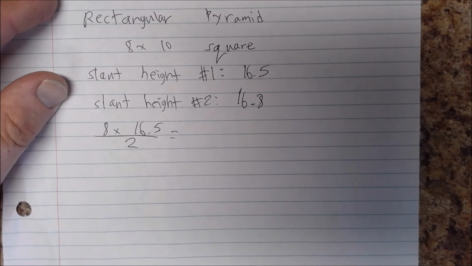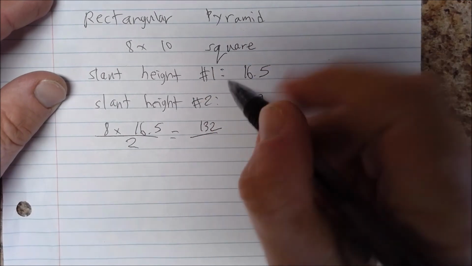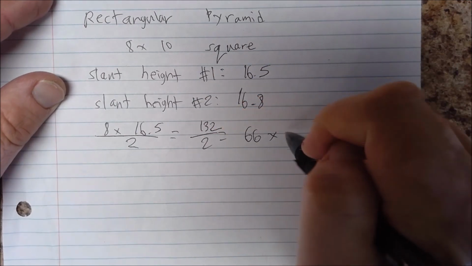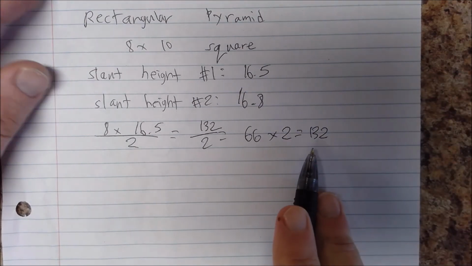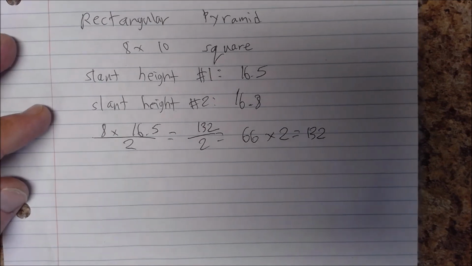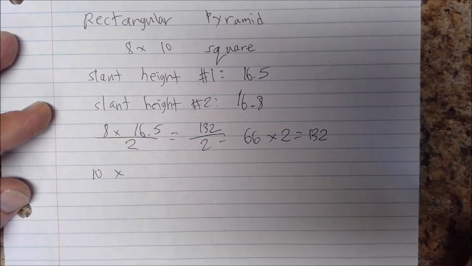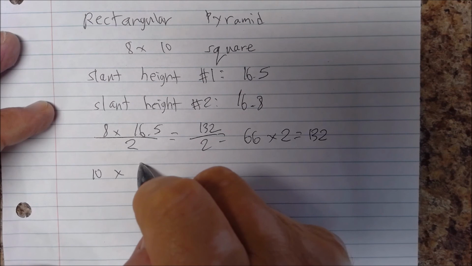Let's record that. That comes to 132. Divide by 2 is 66. Times 2 again is going to bring me back to 132 for the first set of triangles, and that's in square feet. The second set is 10, right, by 16.8.